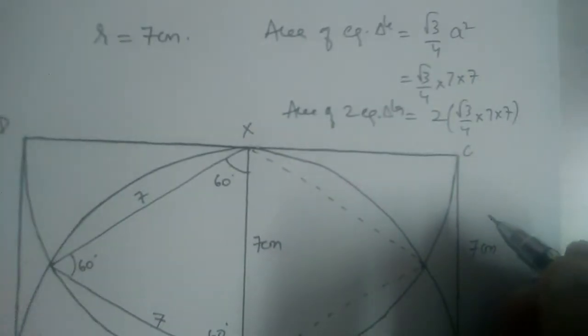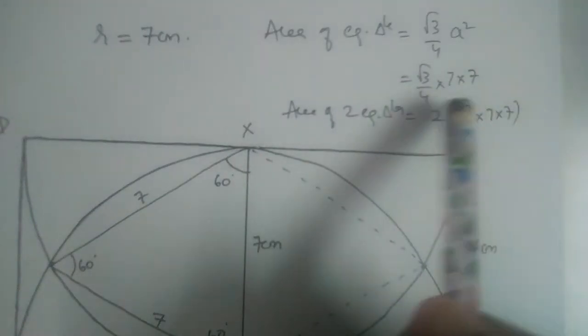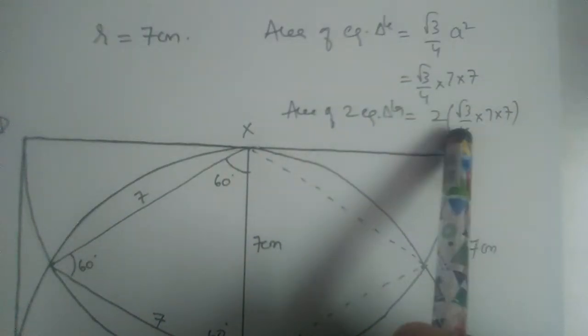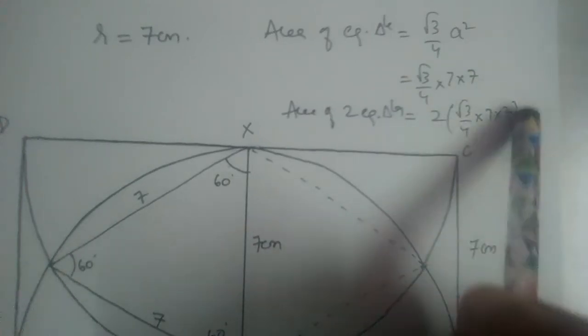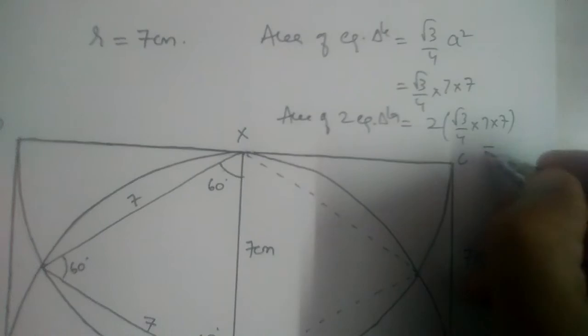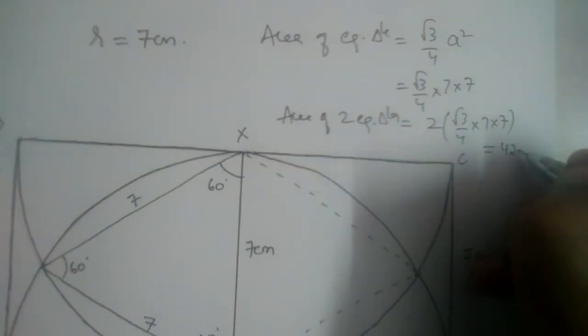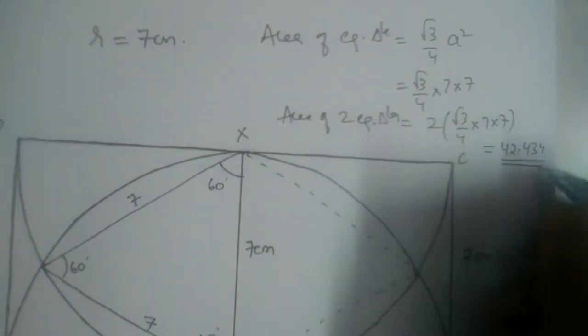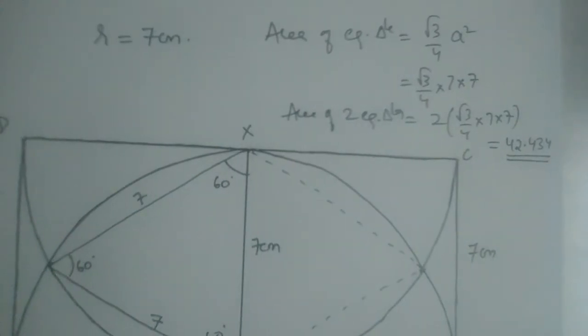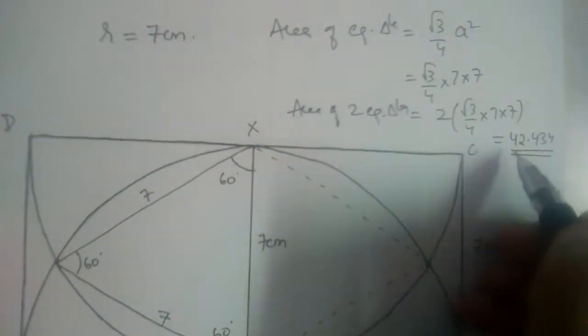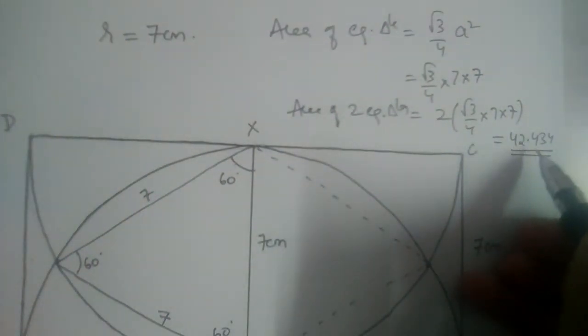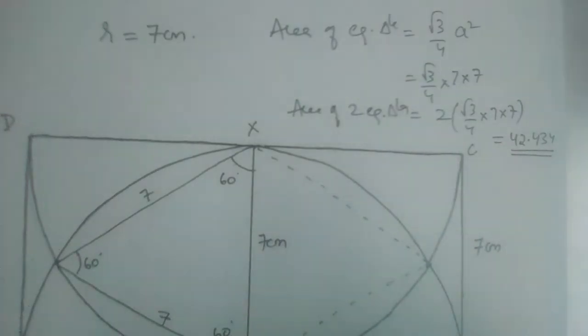The area of two equilateral triangles will be twice of this. If you find this, it will come to approximately 42.434. Area of two equilateral triangles is 42.434 centimeter square.